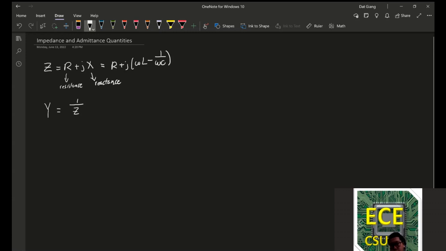To give you an example of this, maybe you're talking about how easy it is for current to flow through a wire, or how hard it is for current to go to another path. This has good admittance, similar to talking about conductance. It has good conductance.